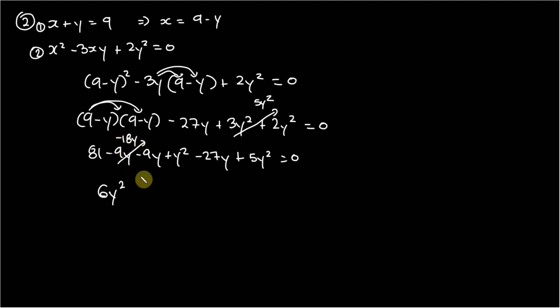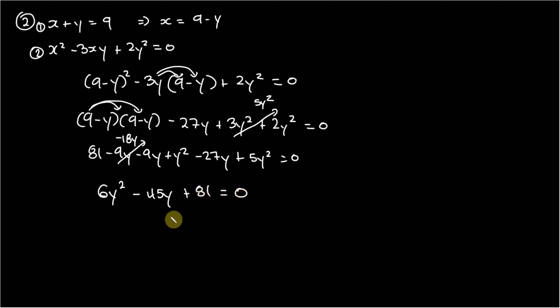And negative 18y minus 27 is going to be, well, 3 would be 30, and then 15, so 45. So it's negative 45y. And now we're just left with our constant, which is plus 81.